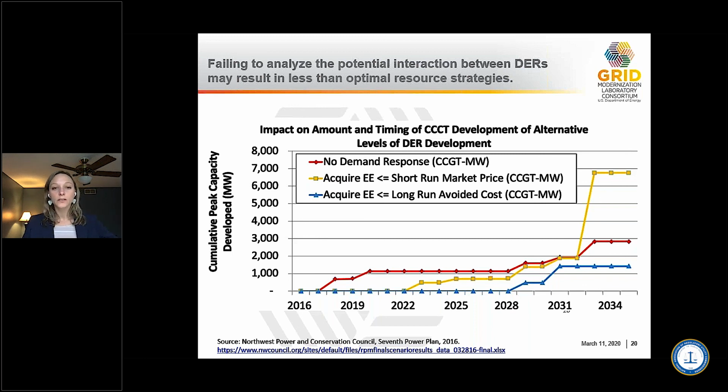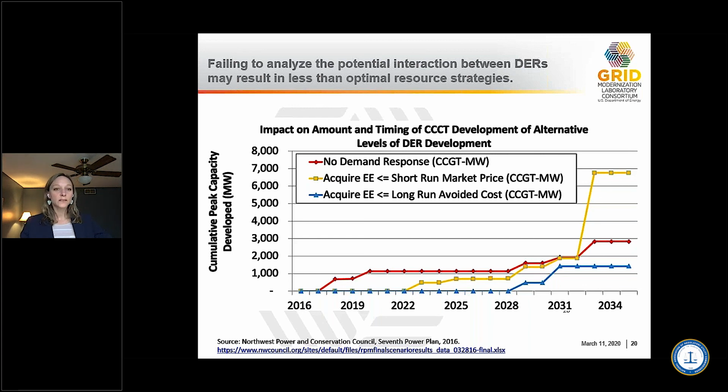And then the blue line shows how much natural gas is developed if the acquisition of efficiency is limited to what would be cost effective to acquire based on the long-run avoided cost. So as you can see, those assumptions make quite a bit of difference in when you're going to be purchasing or installing your natural gas capacity or other resources.